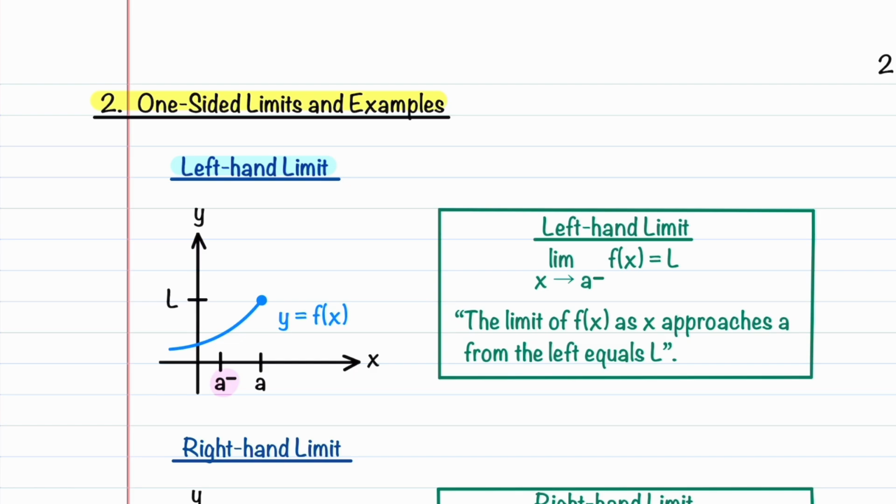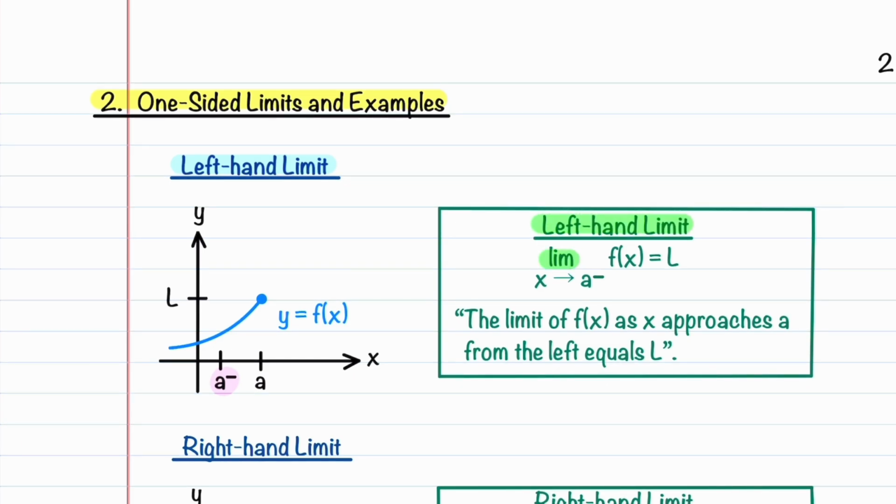This graph is really enlarged so that you can see a from the left and a, but in reality, these points are really, really close together. A left-hand limit is defined as the limit as x approaches a from the left. Let's look down in our graph. That means we're traveling along and we're approaching a from the left, and f of x is equal to the value L.